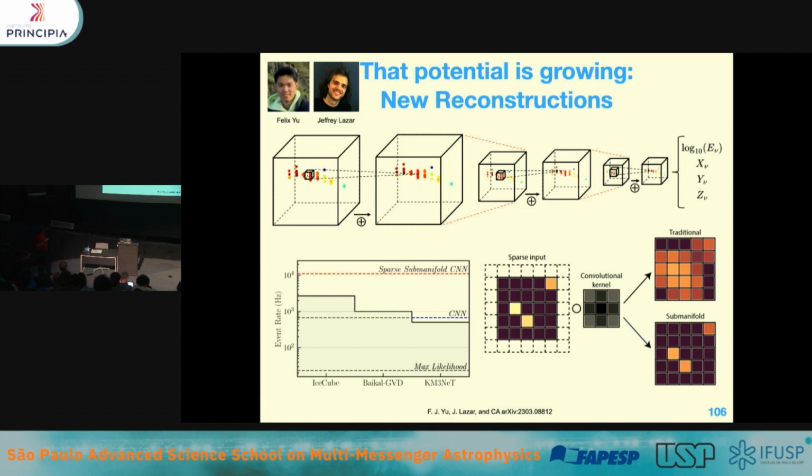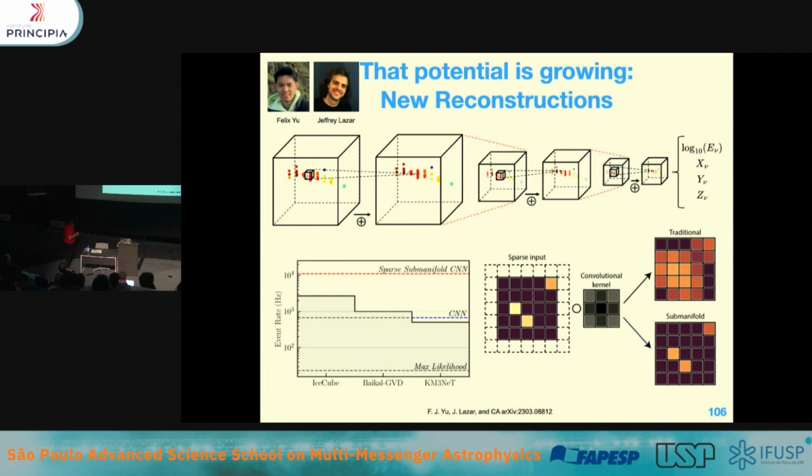These rates here, these histograms, correspond to the trigger rate of our detector. So this is the number of events that we see in these detectors at any given time. And you can see IceCube typically sees about 3 kilohertz of rate. So you need to be able to reconstruct your events at this speed if you want to do real-time astronomy, for example. This is the case for Baikal, and then this is KM3NeT.